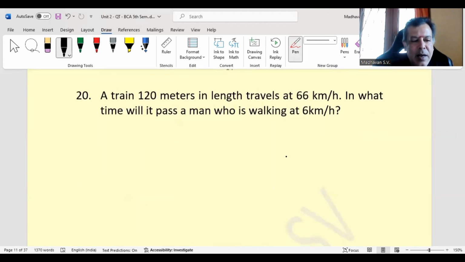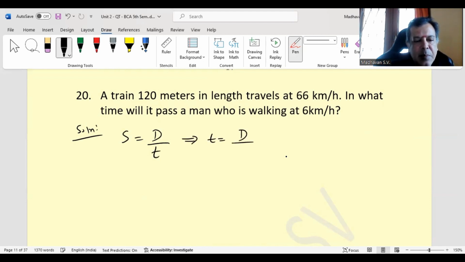A train 120 meters in length travels at 66 kilometer per hour. In what time will it pass a man who is walking at 6 kilometer per hour? So speed is distance divided by time, and that means time is distance by speed. Now, the train's length is given in terms of meters.